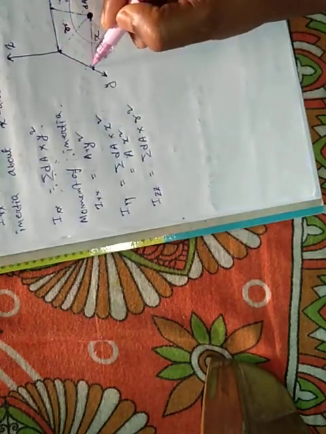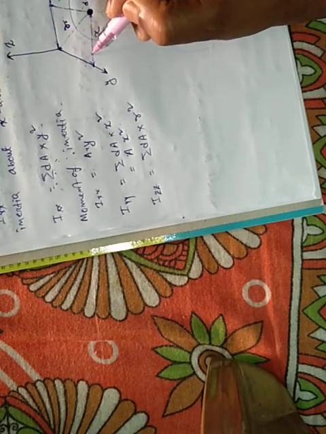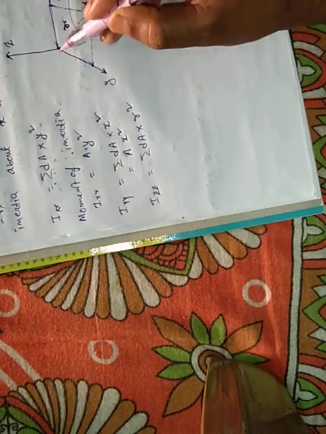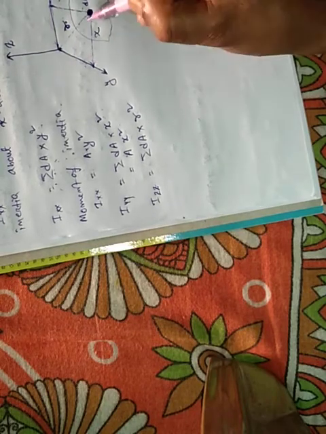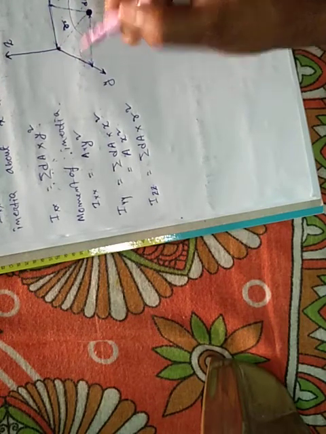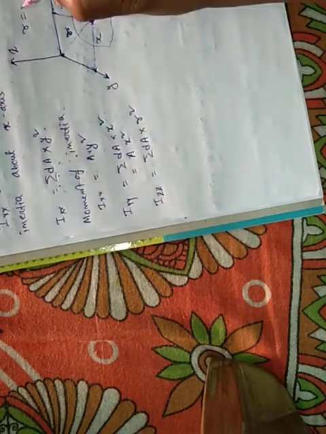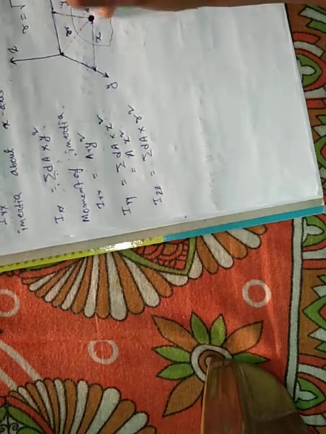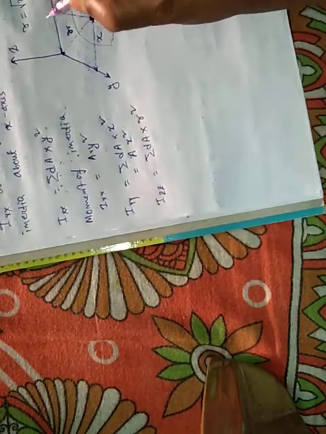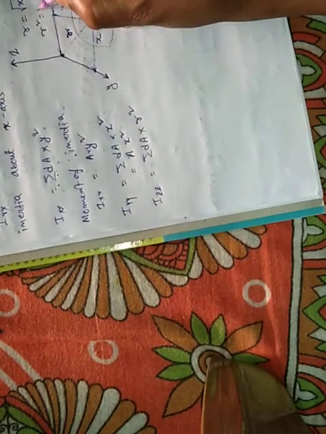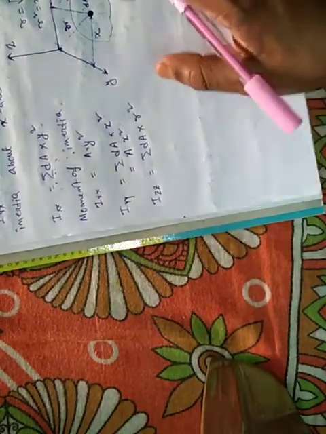This is perpendicular to the x-axis, meaning this is 90 degrees. So it is a right triangle, this is the hypotenuse, this is the base, and this is the perpendicular. So from Pythagoras theorem, r equals root over of x square plus y square. So r square equals x square plus y square.